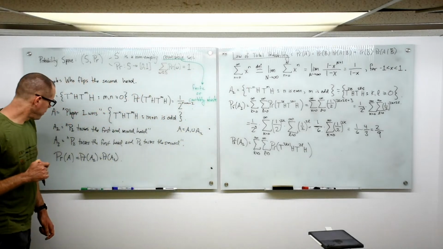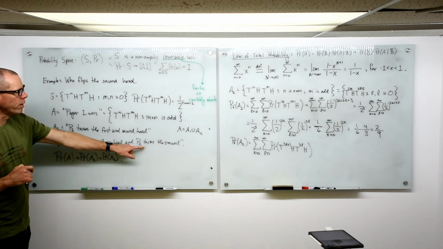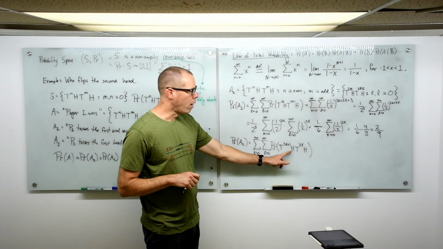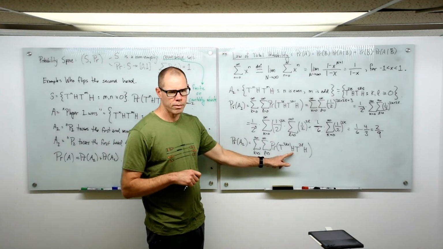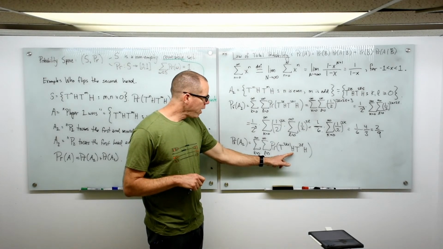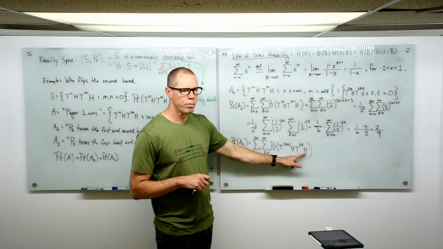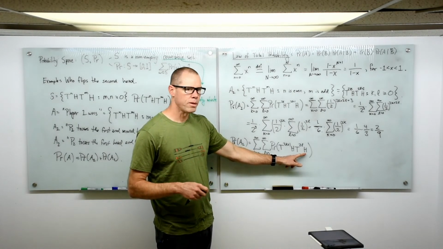So A2 is the event that player 2 tosses the first head and player 1 tosses the second head. So that means before the first head there was an odd number of coin tosses. Then player 2 had it and tossed that first head, and then there had to be an even number of coin tosses so that it comes back in the hands of player 1, who tosses it and gets the second head.